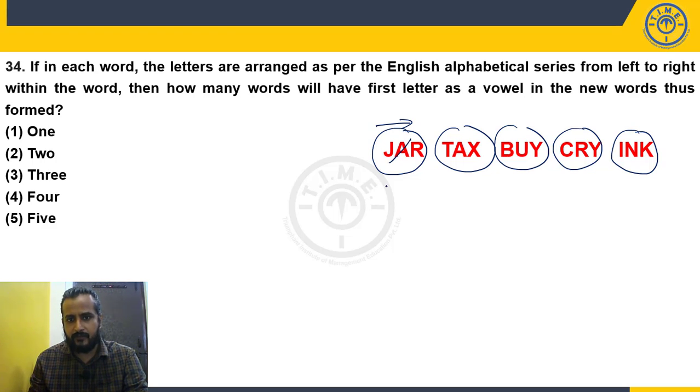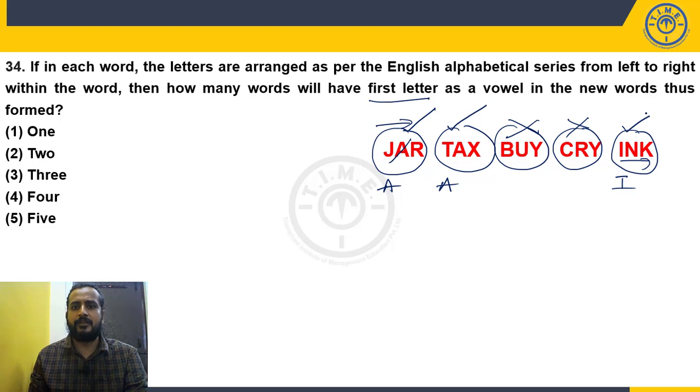Here A will be first letter. No need to write the remaining 2, because what is the question asked? First letter as a vowel. So this word has it. Tax, A will be first in the alphabetical order. Here B is the first letter, so it is not starting with a vowel. Here C is the first letter. Here I is the first letter when it is arranged in the alphabetical order. So how many words have the first letter as a vowel? 3. So choice 3.